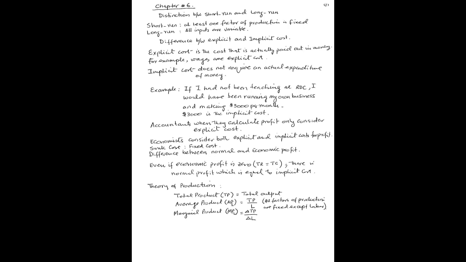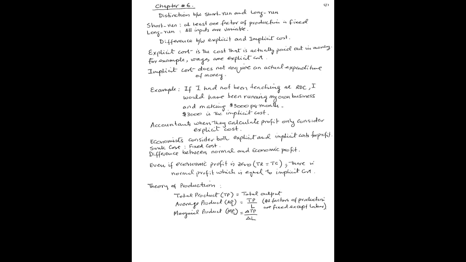Whereas economists consider both explicit and implicit costs when they calculate profit. Sunk cost is a concept that is basically a fixed cost. You can't retrieve your fixed cost, and therefore it becomes a sunk cost. I'll show you how to calculate implicit cost, and how to calculate accounting profit and economic profit. The only difference between accounting profit and economic profit is implicit cost.